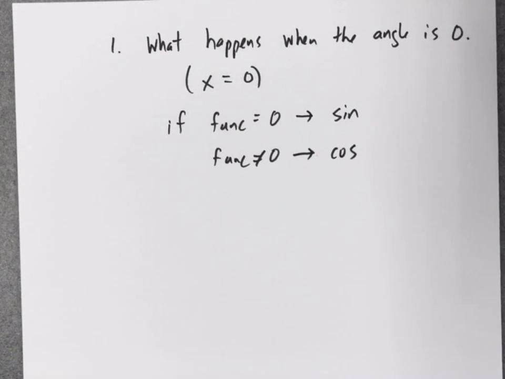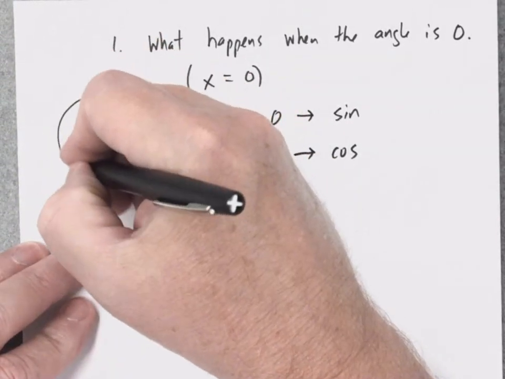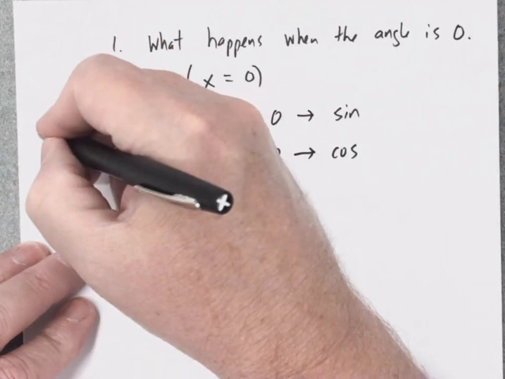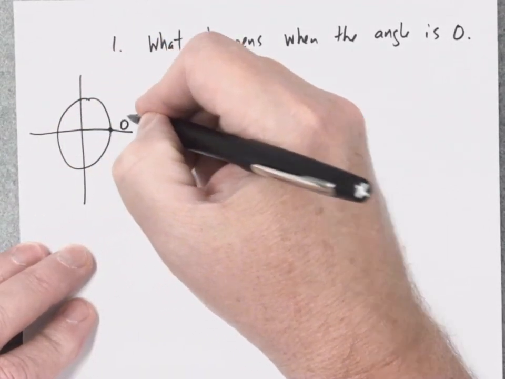That's because if you recall the unit circle, right here is the angle 0.